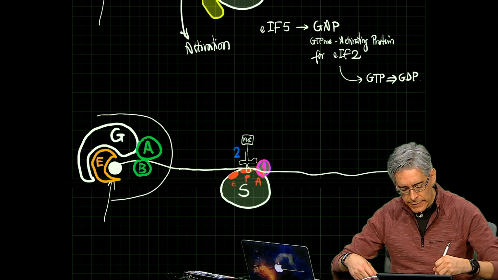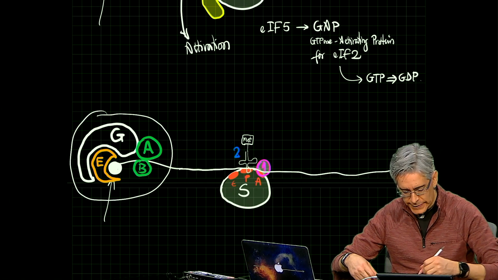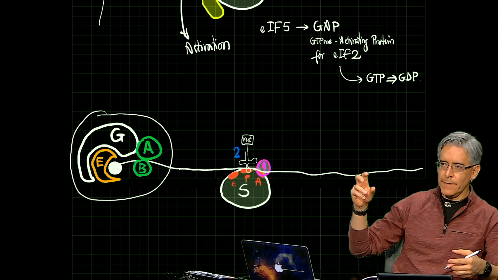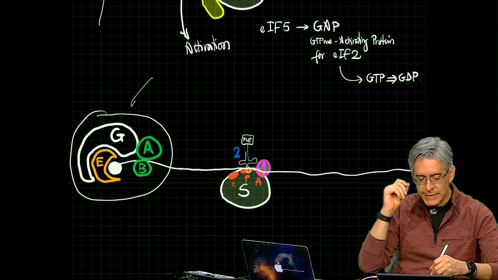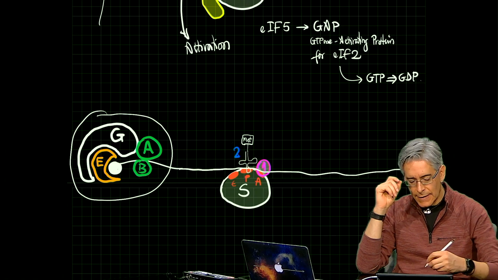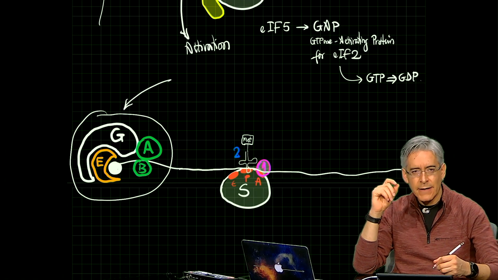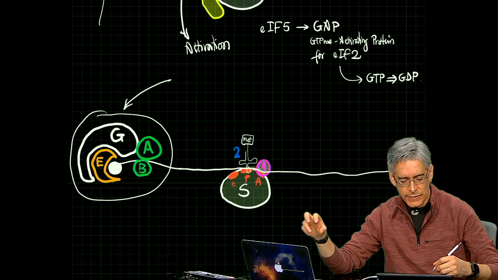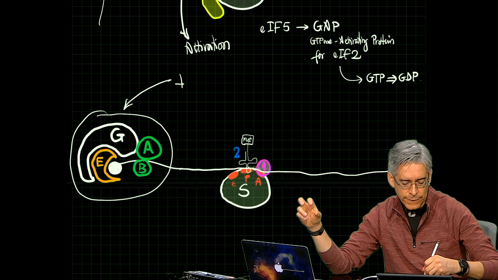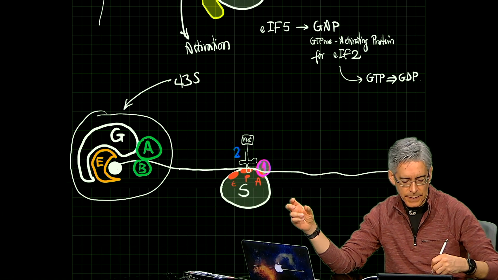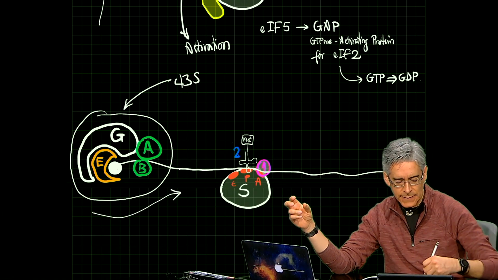Keep in mind, these other factors are remaining in place, so the cap will still be loaded with those factors, which means it is ready for another initiation event. So the 5' end can then recruit another 43S pre-initiation complex so that you can restart the scanning process.